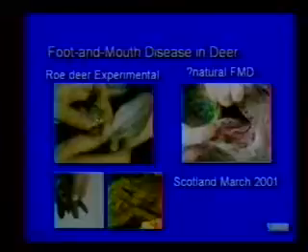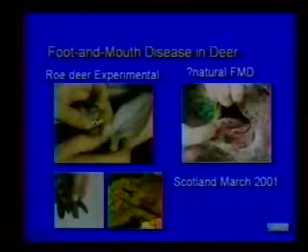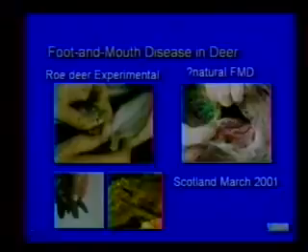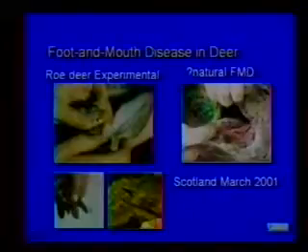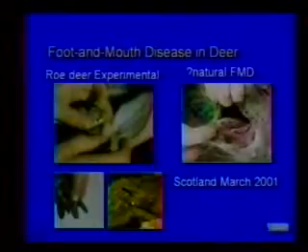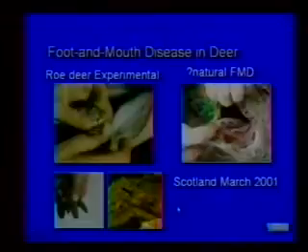In fact, I did this work myself in Britain when I lived there. And this is experimental foot and mouth disease in roe deer, which definitely shows that they are susceptible. And you also get foot lesions, vesicular lesions following the coronary band, and subsequently you can get separation of the bulbs of the heel. The good news is that foot and mouth disease was not recognized in wildlife in Britain during this last epidemic.